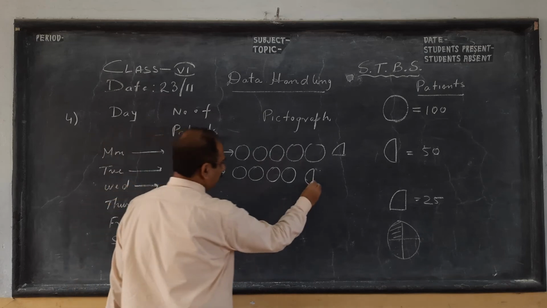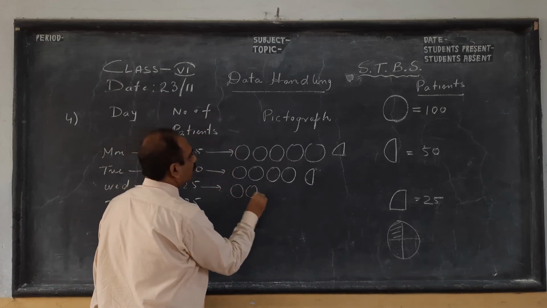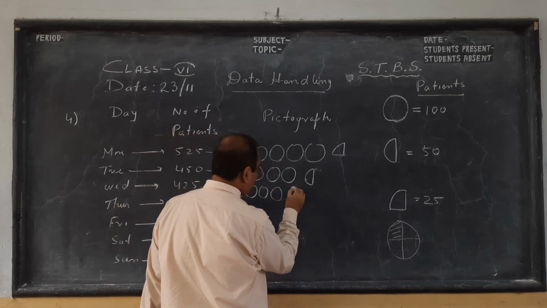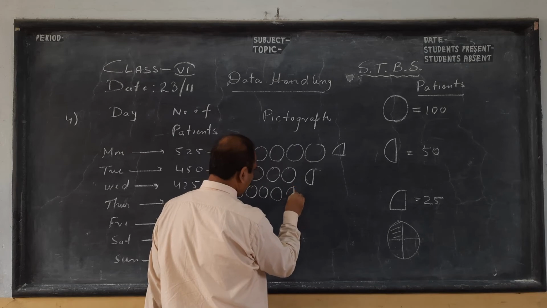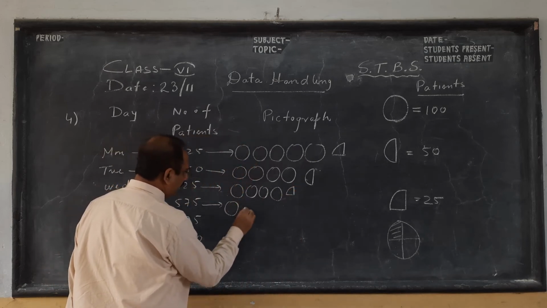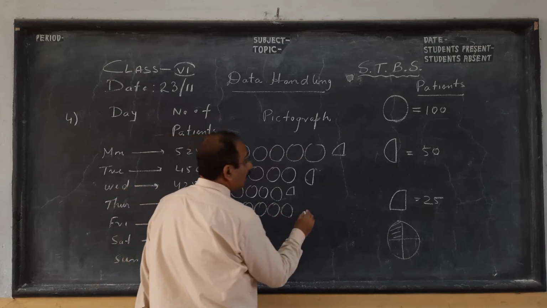Okay, so next 425, children: 100, 200, 300, 400, and 25, we take a quarter of the circle. Next is 575: 300, 400, 500.